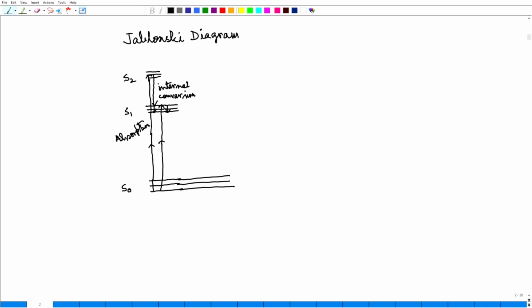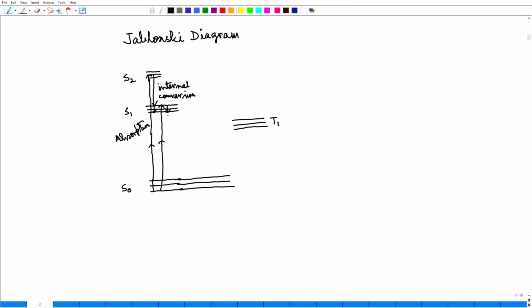Now, there is another state which I am coming to later. This is called the T1 state, the triplet state. Forget about that for a moment.